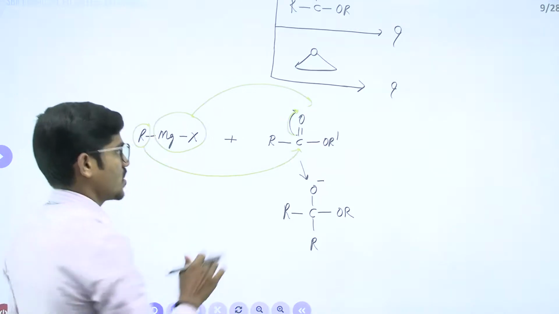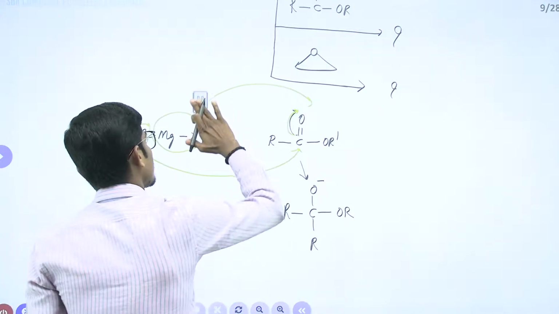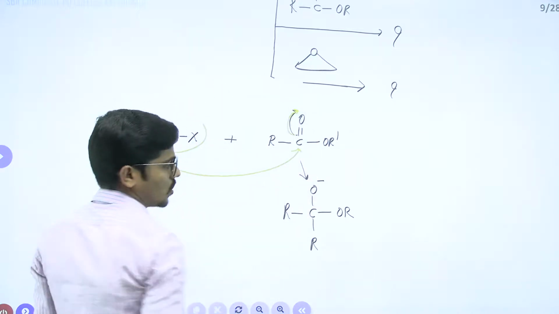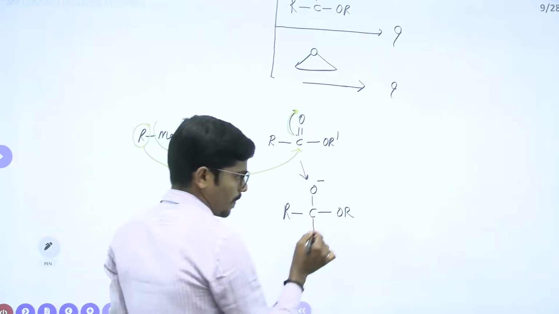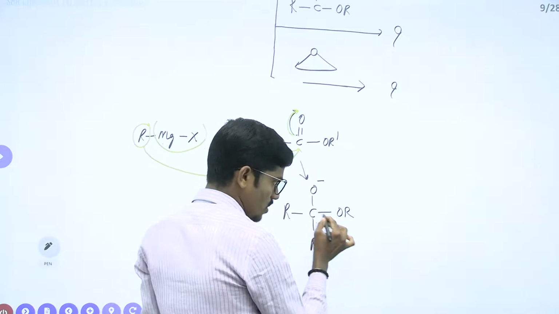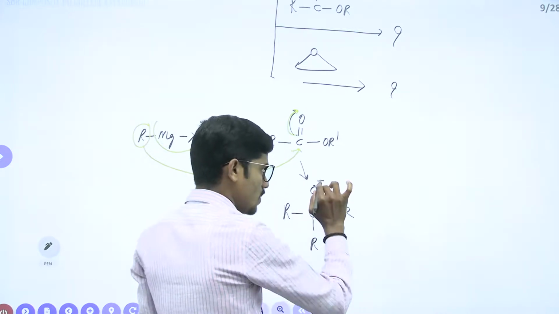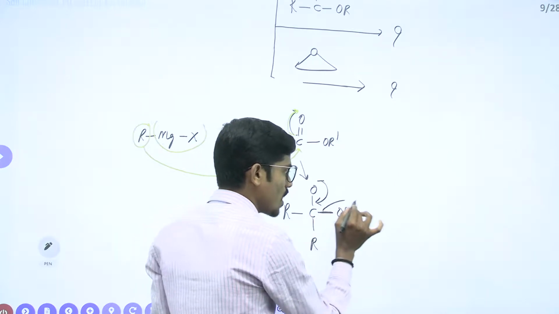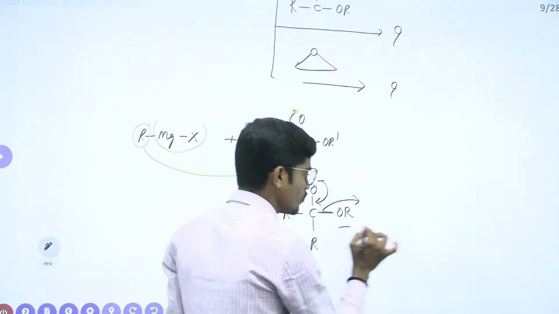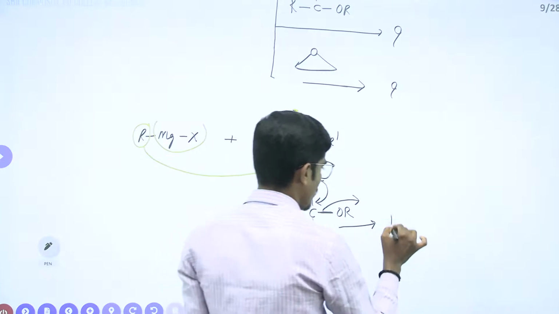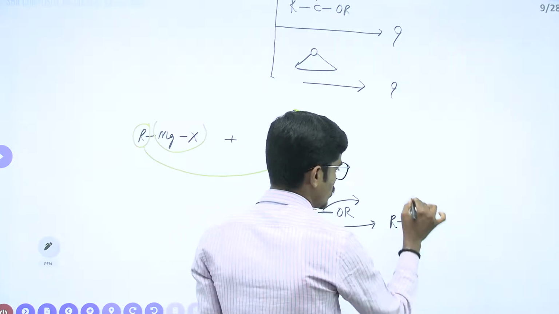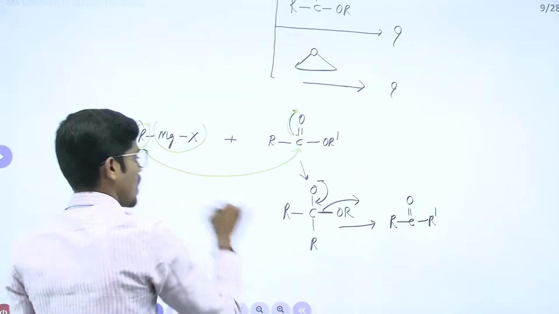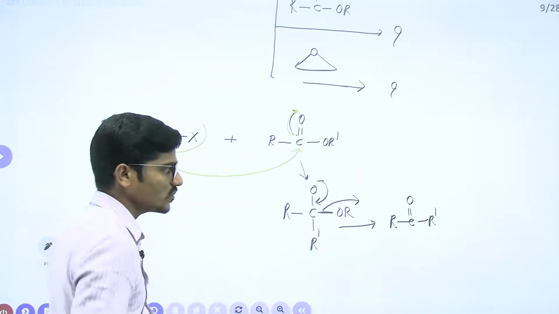So in the first step, as we know, this bond is also polar. When the double bond comes back, this OR bond will be eliminated, which gives rise to the product RCOR dash.